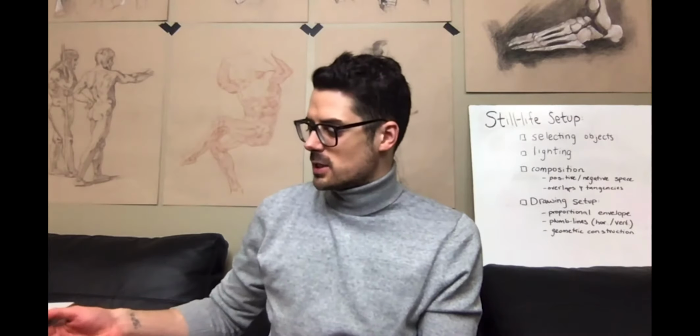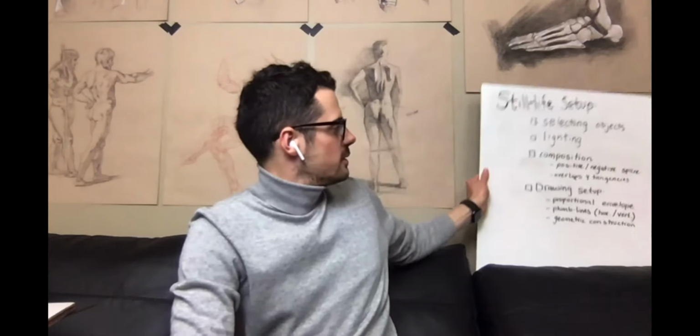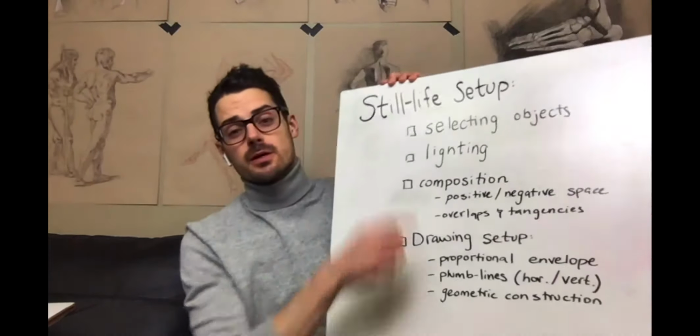So you'll want to set it up and you'll want to control the light. So you select your objects. Now we're going to worry about the lighting. So there are 2 ways to do this. It's either to get a very strong light. Now at school, we've got clamp lights. At your home, you might not have that.